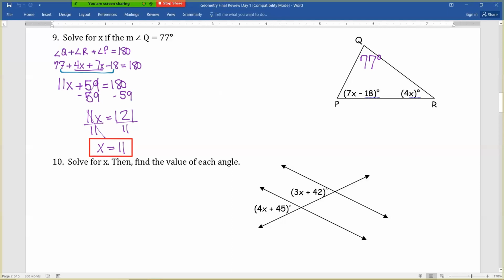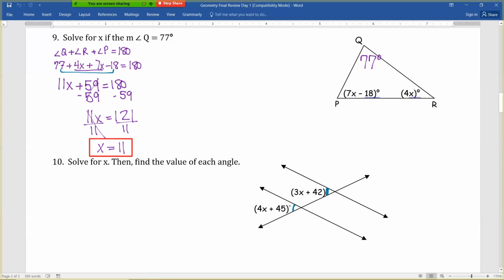For question number 10, we're being asked to solve for x and then find the value of each angle. So first thing you've got to know is the relationship between the two angles you were given. Looking here, if I look at the position, this is on the left side of that intersection right here.